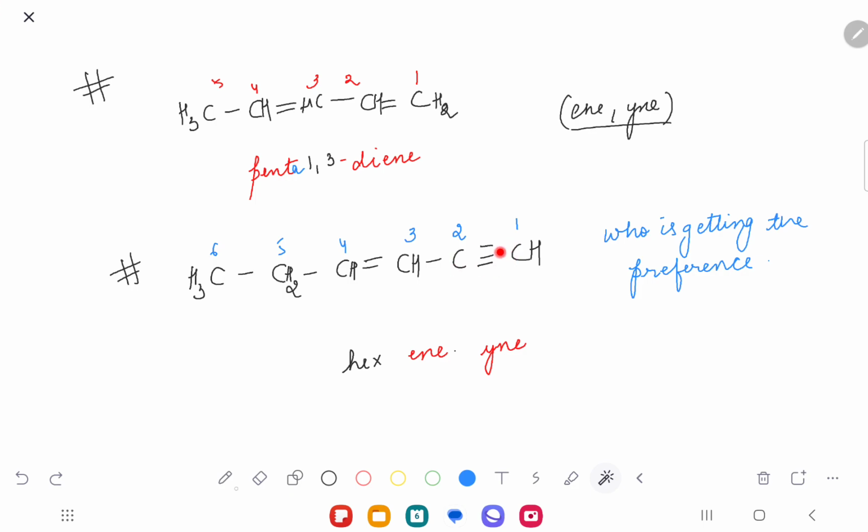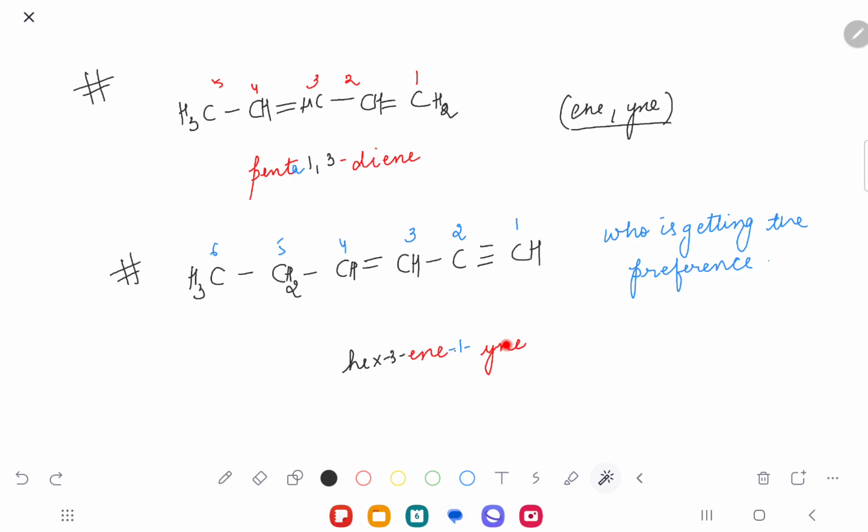So I will write it as hex 1 yne, and whichever shows the preference, that number gets the least number. So you have hex 1 yne and 3 ene. Are you understanding my point? So that shall become hex 3 ene 1 yne.